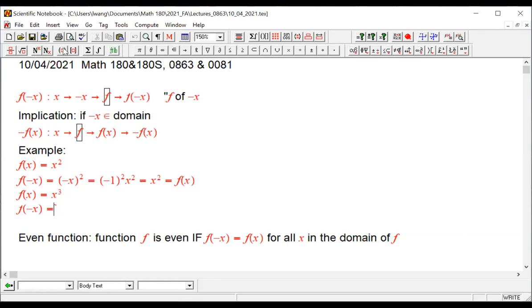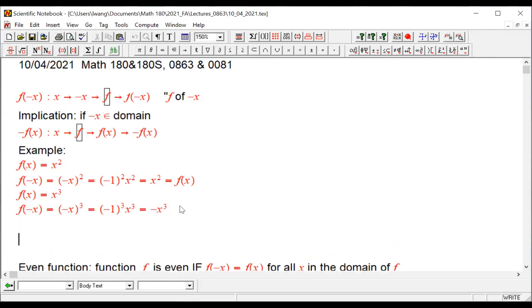Then it's going to equal negative x to the power of 3. Negative x to the power 3 is negative 1 to the power 3 multiplied by x raised to the power 3. What it means is that you're going to do the power first and apply the negative sign.